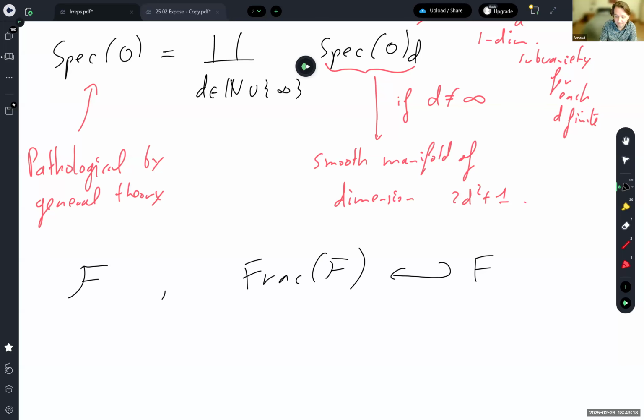But in fact, everything we do is really for Thompson's group F. But I would say F is almost as rich as the fraction groupoid, because the fraction groupoid is connected, so every isotropy group is isomorphic. So it's kind of a bunch of copies of Thompson's group F that are linked to each other. So there's not much that you get from the groupoid with respect to the group.